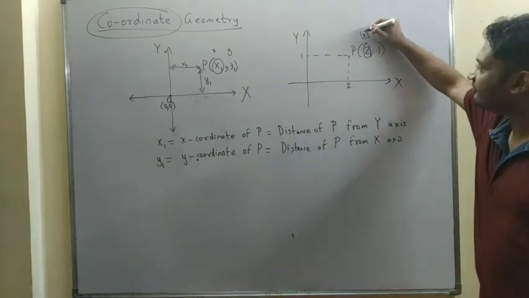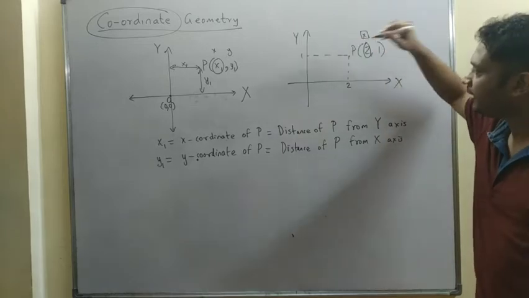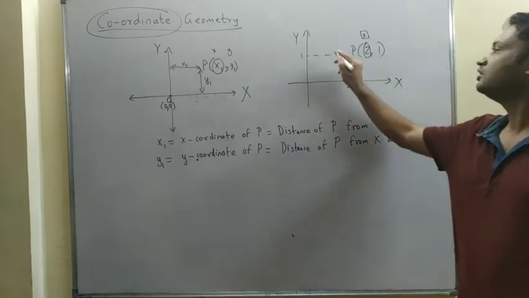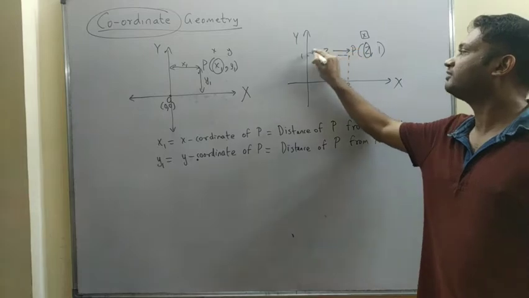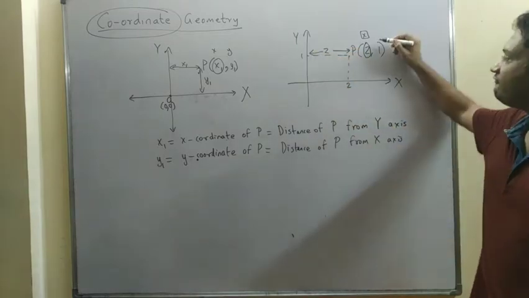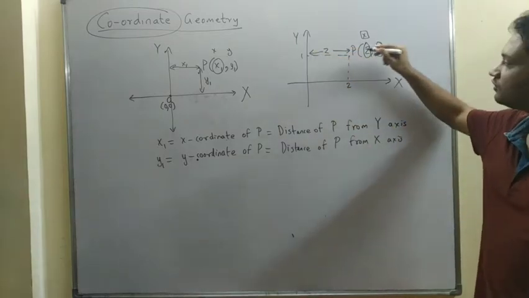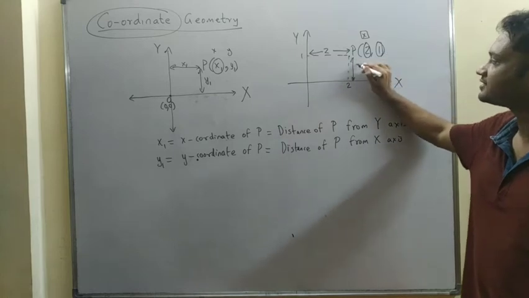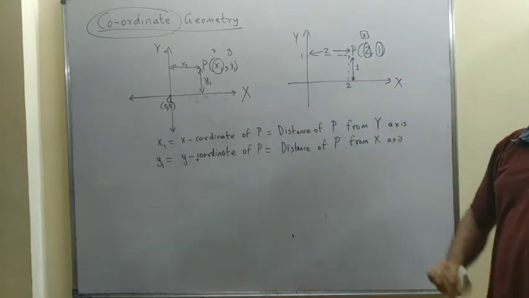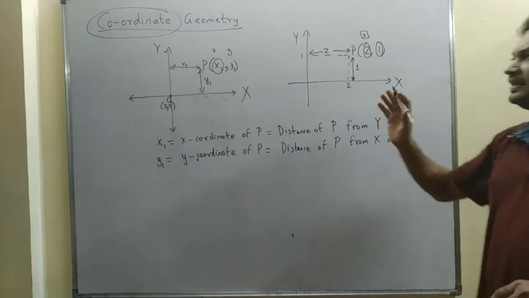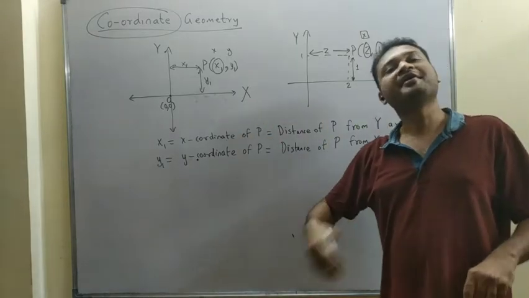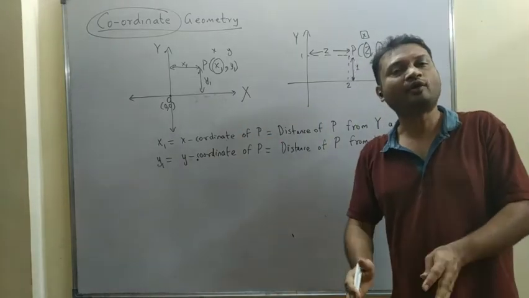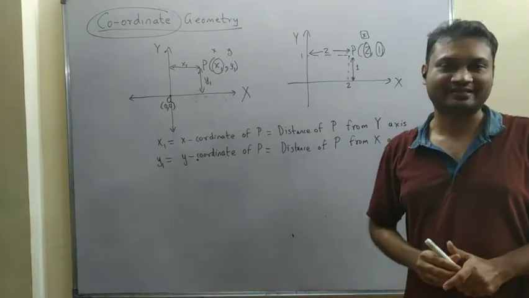The x coordinate refers to the distance of the point from the y axis. So this distance of the point from the y-axis is 2, and the y-coordinate refers to the distance of the point from the x-axis. So the y-coordinate here is 1. So this is the meaning of coordinate. X-coordinate, distance from y-axis; y-coordinate, distance from x-axis.